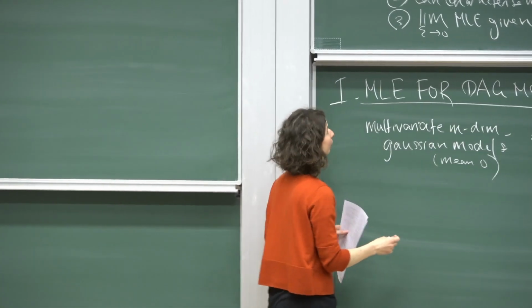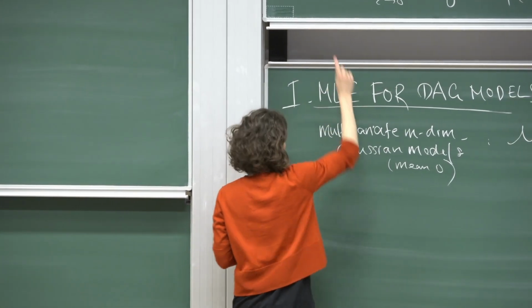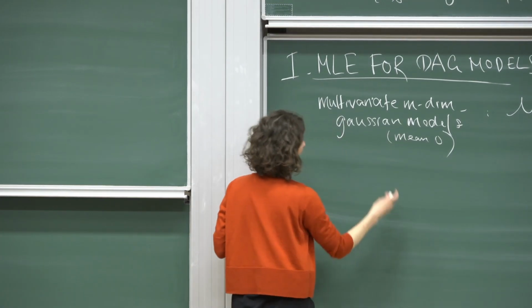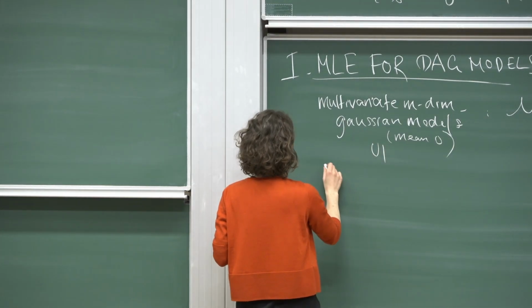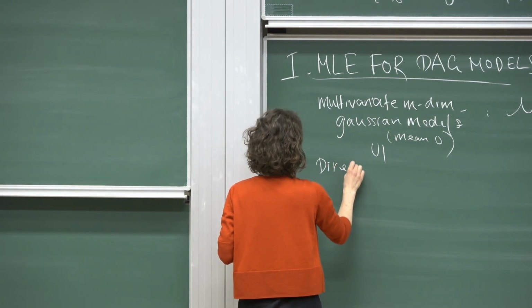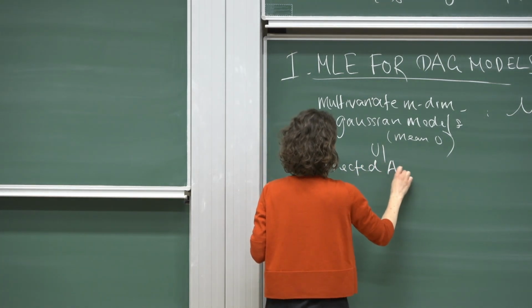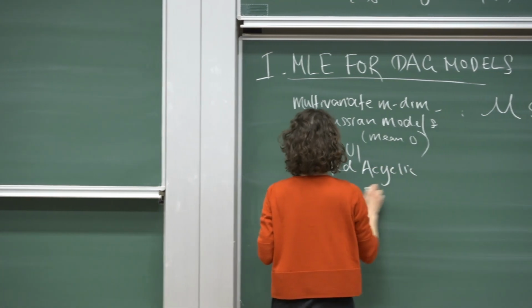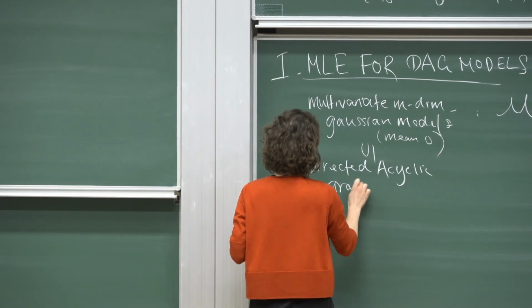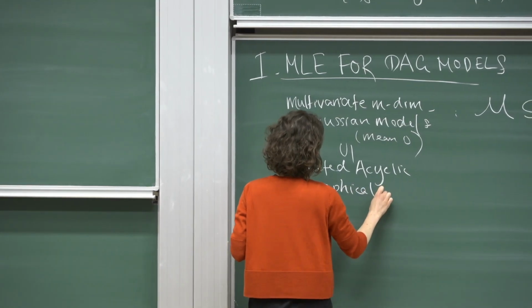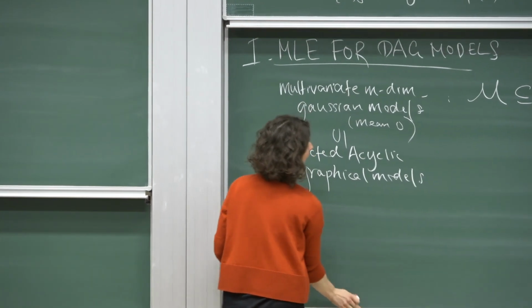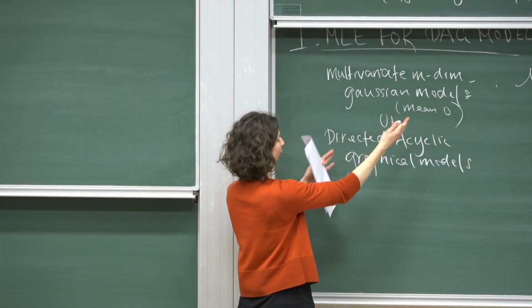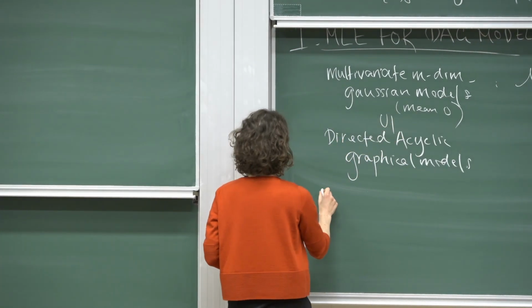And so the particular class of models that I'll be talking about, that we work with in this project, is the class of directed acyclic graphical models. So basically a model of this kind is completely determined by a graph.